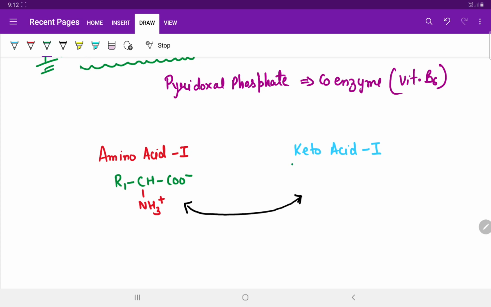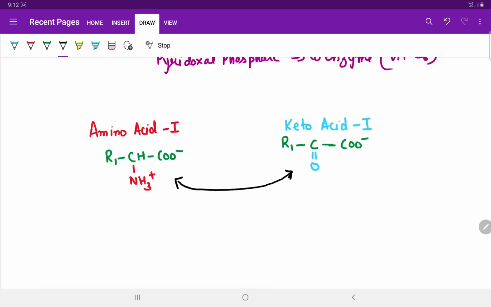So the changes will be, one hydrogen will be replaced with the double bond O. See here, this is the reaction. This is the keto acid 1. And how does this reaction take place? In presence of transaminase enzyme.